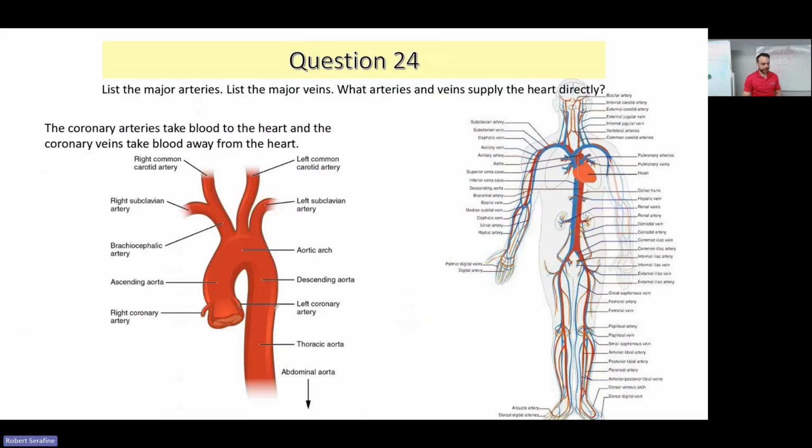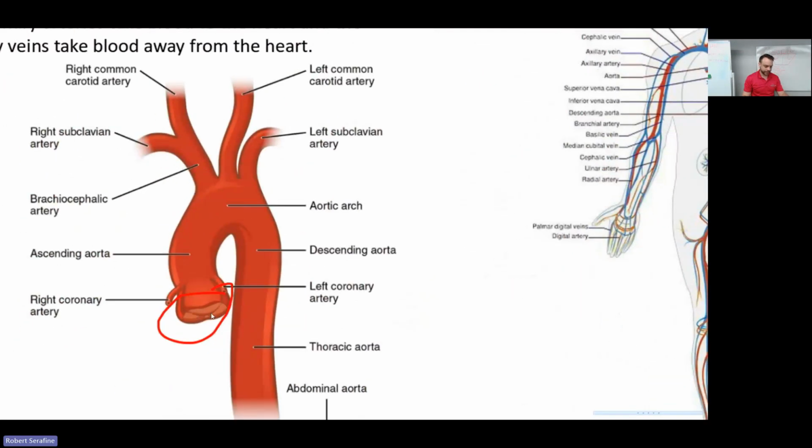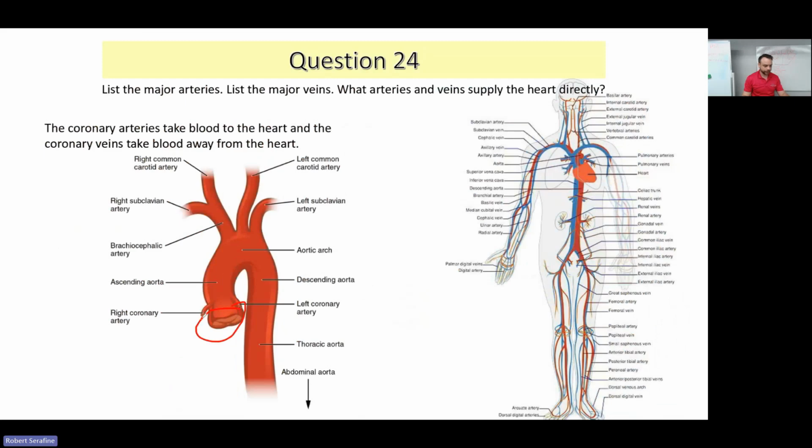So here is the aorta, where this point right here is where we would have it connected to the heart. As we can see, if we zoom in, here's the semilunar valves. So first branches off of the aorta itself are the coronary arteries, and we have left and right, and then those have branches as well.